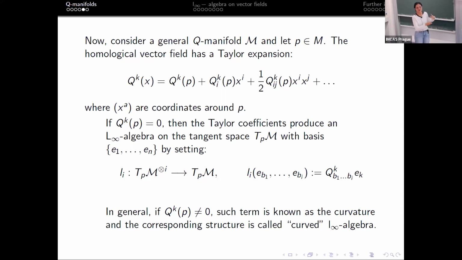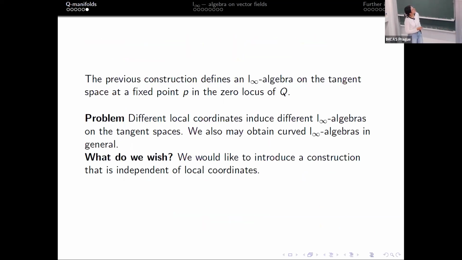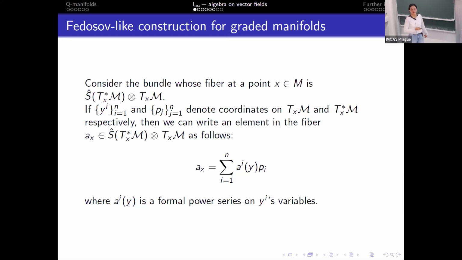Sorry if I'm going too fast. Yeah, that's fine. But then in slides later, you mentioned this formal power series. So what do you think? Yes. So now the idea is to... Okay. I would like to apply the construction of derived brackets and think about the space of vector fields as an abelian subalgebra inside sections of this bundle, and apply the proposition given by Voronov.